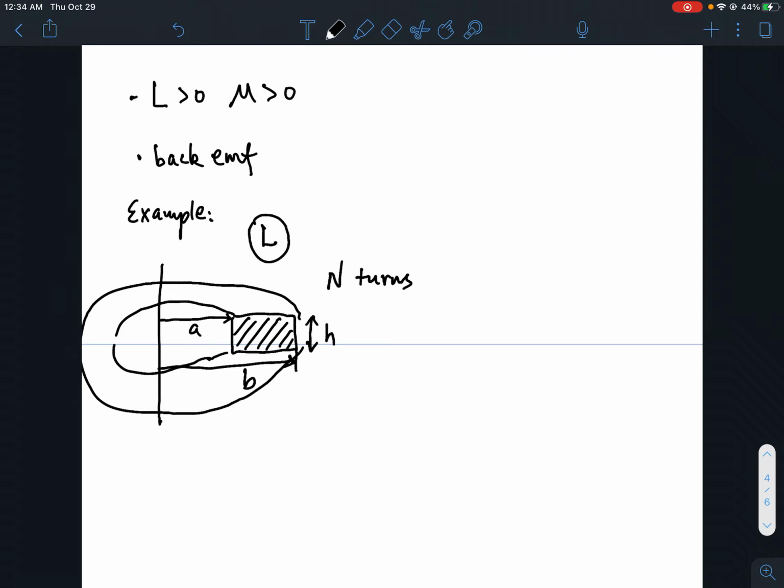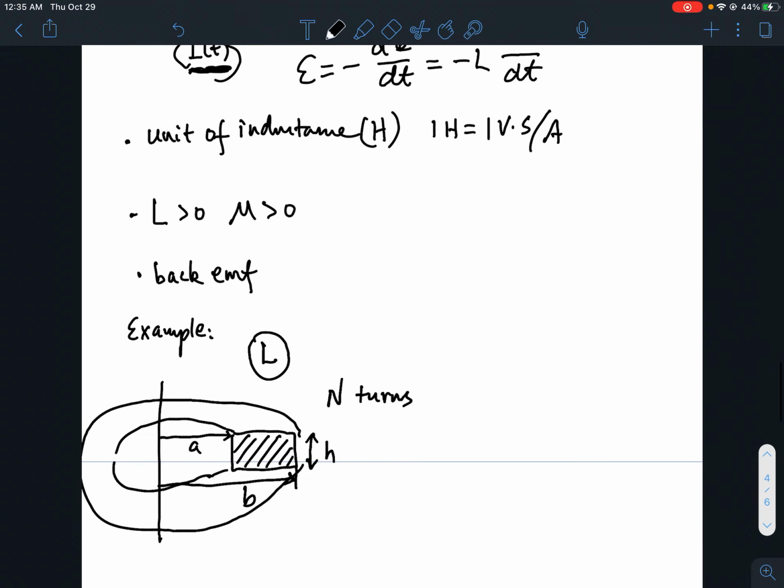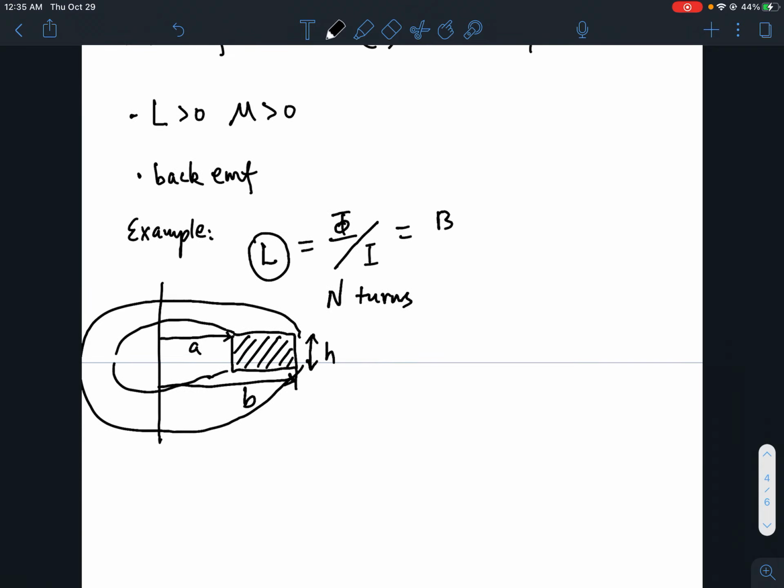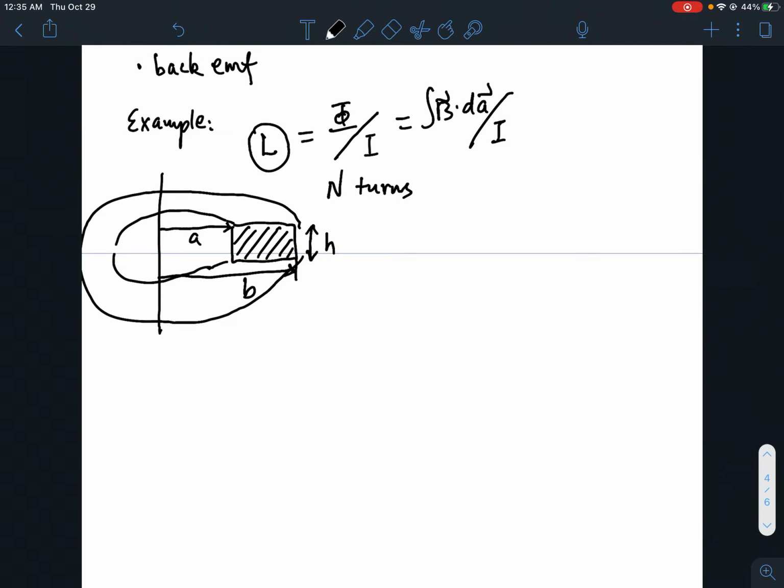The way to do that, because we have phi equals L i, is we just need to calculate the total magnetic flux and divide by the current. Phi of course is the integral of B dot dA, divided by i. For this toroid coil, you can look at equation 5.60.